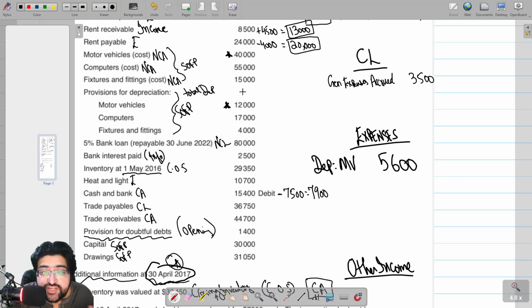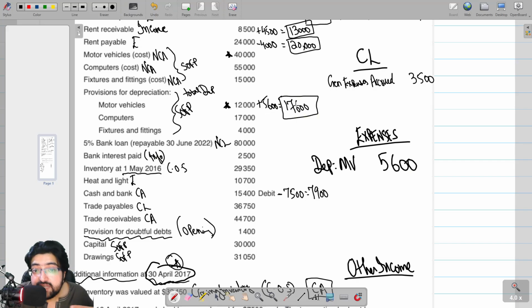Now it has depreciated furthermore by 5,600, which brings the total depreciation value to 17,600. This value was the depreciation before this year. This is the current year's depreciation. We add both to get the total depreciation till now, right? We need these figures to use in the SOFP. So we have to make this.